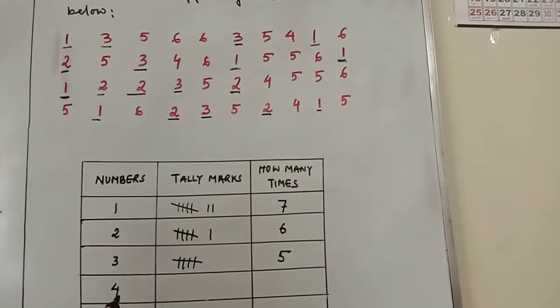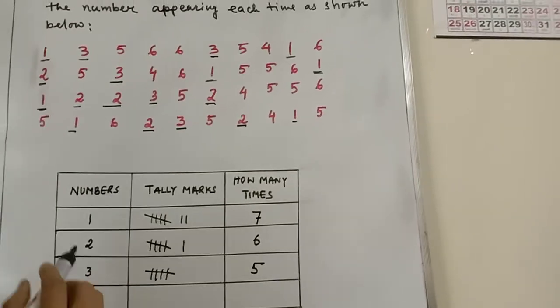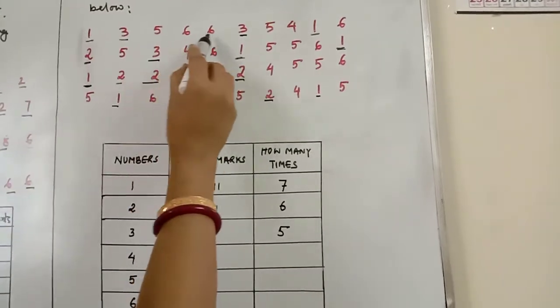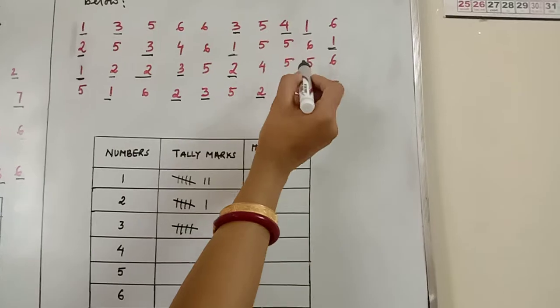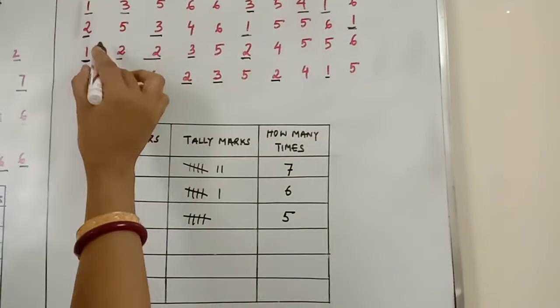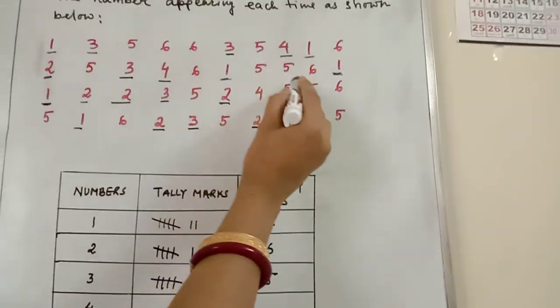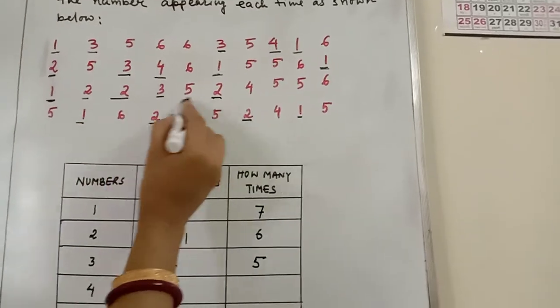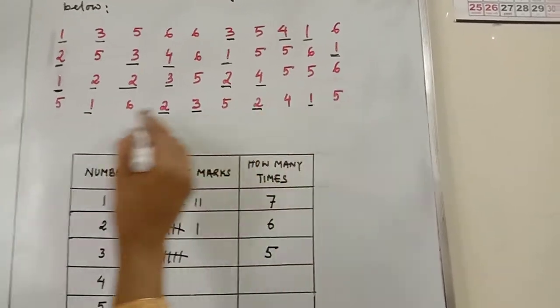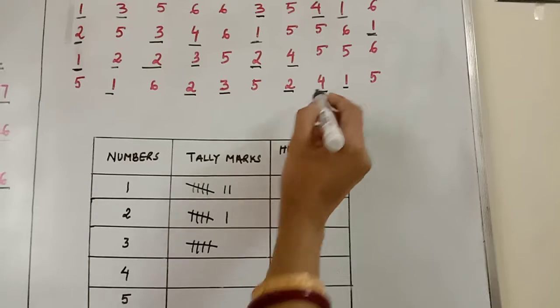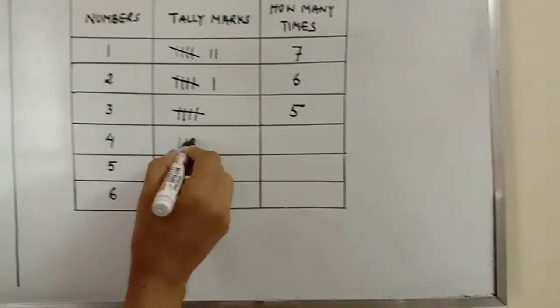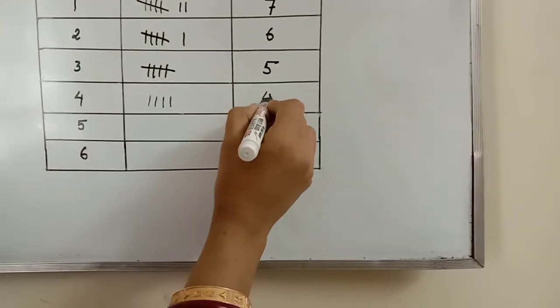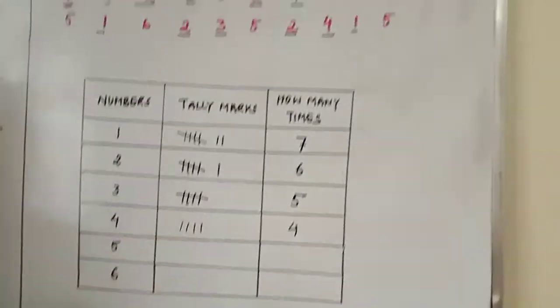How many times did 4 come? 1, 2, 3 and 4. 4 times. 1, 2, 3, 4. 4 times.